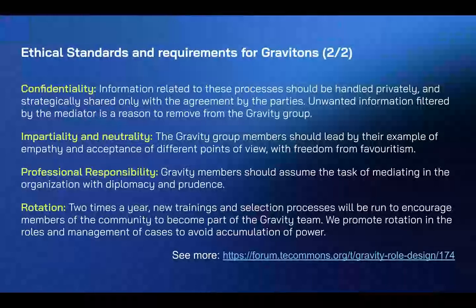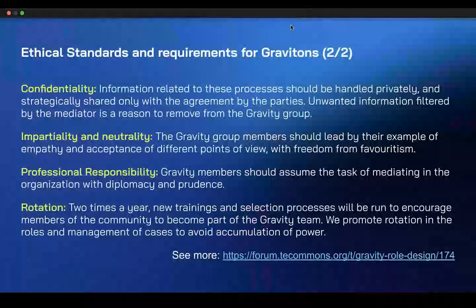And also the Graviton and the mediator assume a professional responsibility. This is not a thing that can be taken lightly. We are dealing with people, we are dealing with feelings, we are dealing with needs. And when we are mediating, we should assume this as a professional responsibility with diplomacy and prudence.